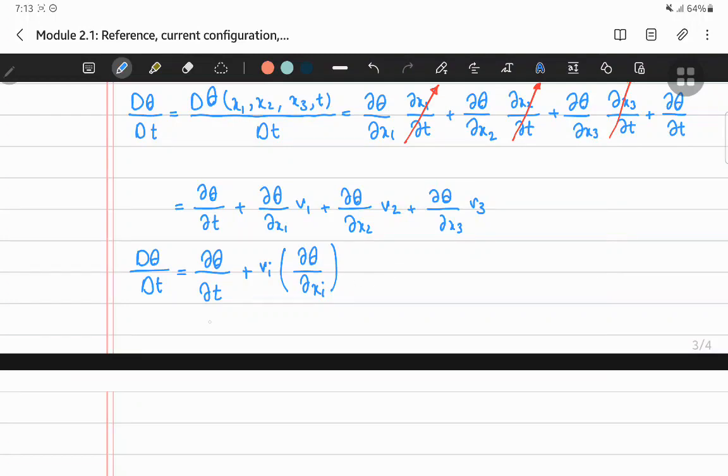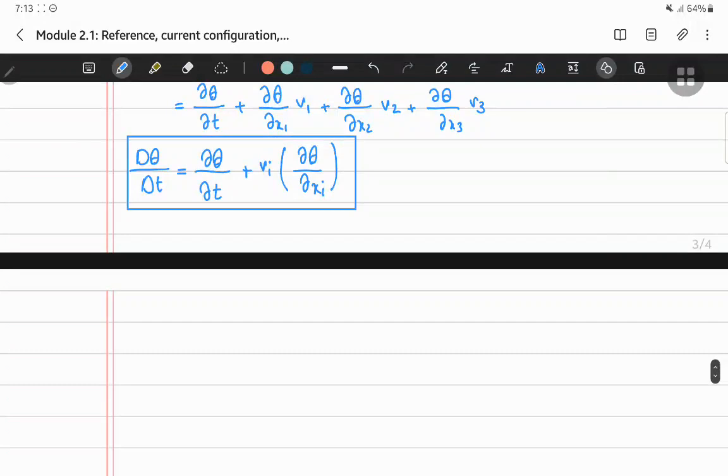Or I can write this in tensorial notation. I have d theta dt equal to the partial derivative of theta with respect to t plus vi times the partial derivative of theta with respect to xi, and this is nothing but the gradient.